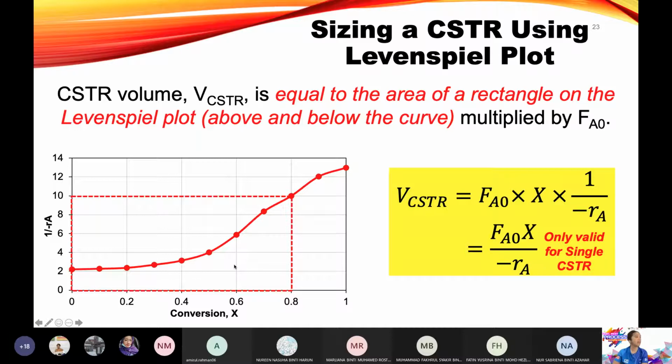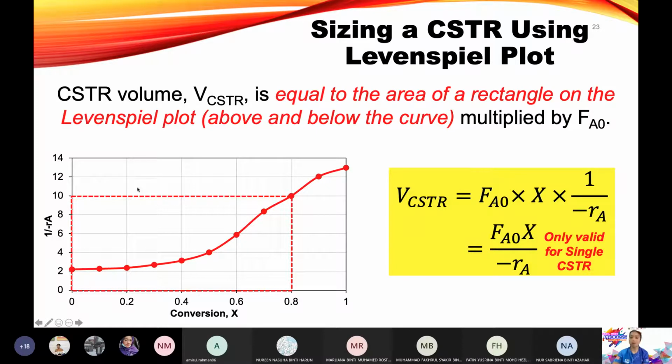So if you connect back to the equation, X multiplied with 1 per minus RA is equivalent to the area of the red box. And if you multiply with FA0, you basically get the volume of the CSTR. So in a simpler word, you kan plot ni lebih senang untuk kamu imagine.